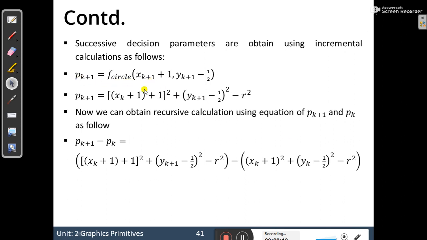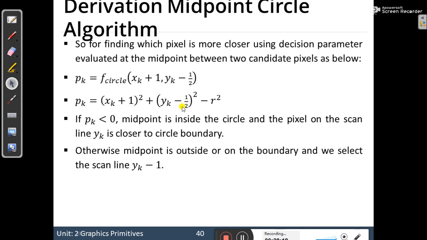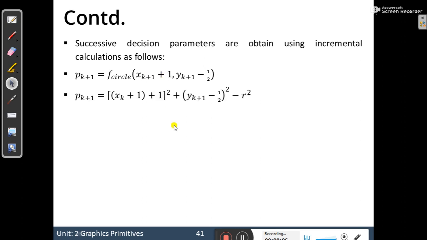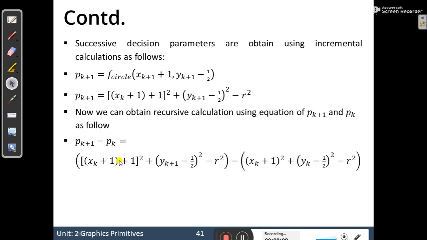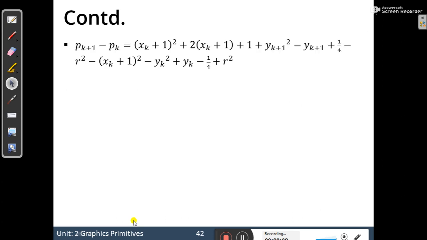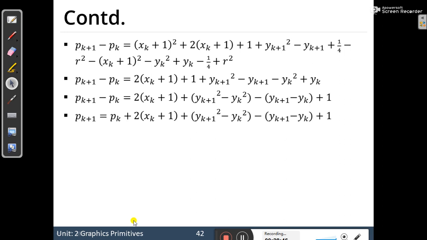If we put pk plus 1 in the function, and initially this is the equation of pk, and then we increment xk by 1, meaning xk plus 1, we try to differentiate those plotting points by pk plus 1 minus pk, and we'll find the equation by deriving. You can find this explanation or equation derivation in the book also. Please follow that. If you have any doubt, please let me know.